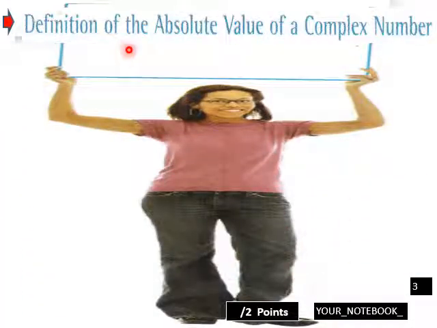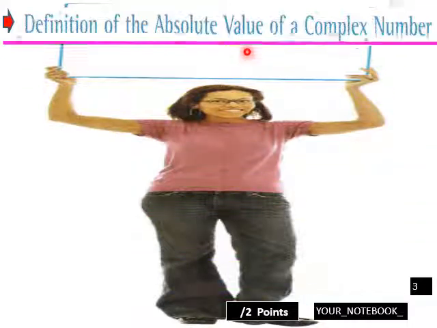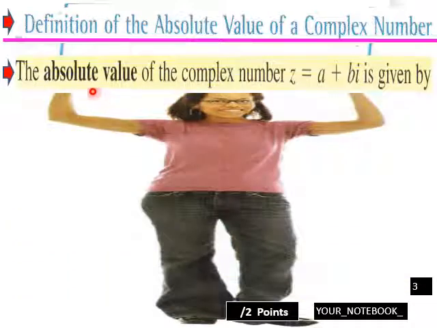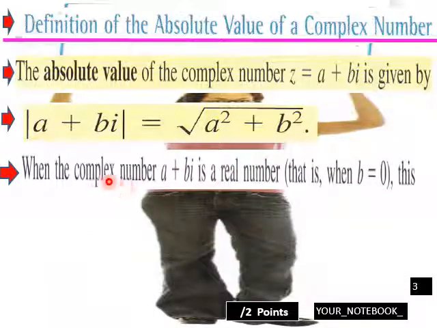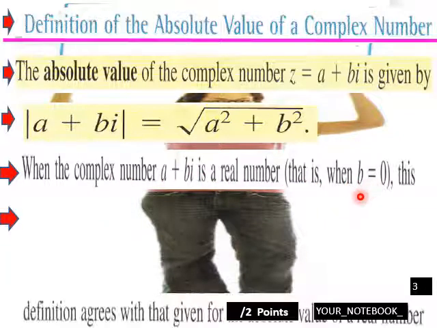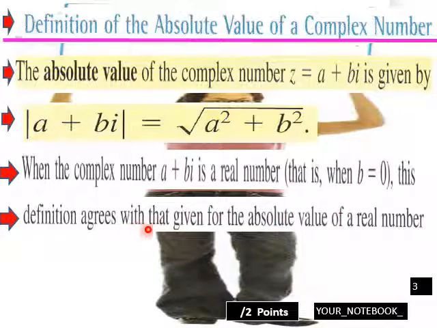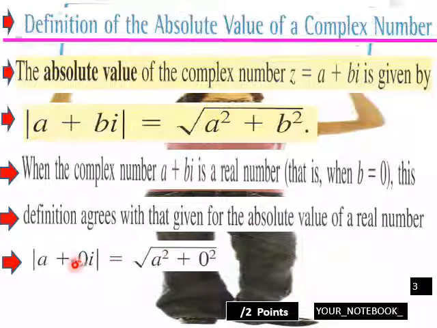The definition of the absolute value of a complex number. So the absolute value of the complex number z equals a plus bi is given by the absolute value of a plus bi equals radical a squared plus b squared. When a complex number a plus bi is a real number, that is, when b equals 0, this definition agrees with that given for the absolute value of a real number: the absolute value of a plus 0i equals radical a squared plus 0 squared.